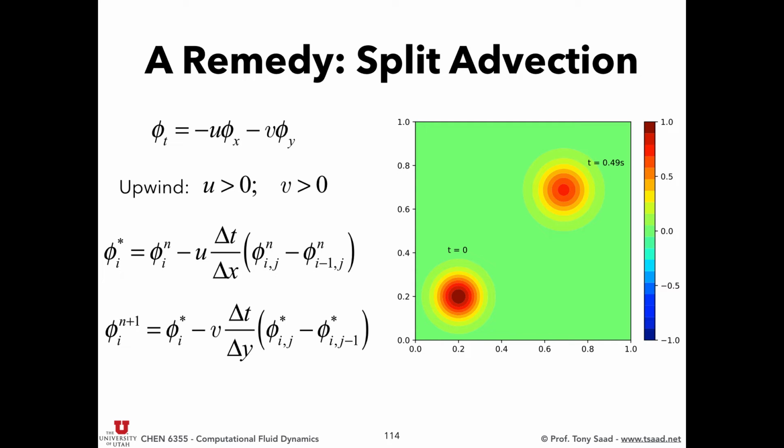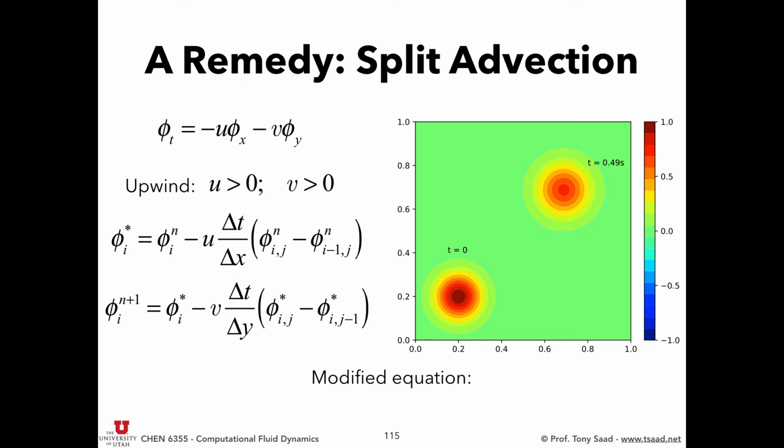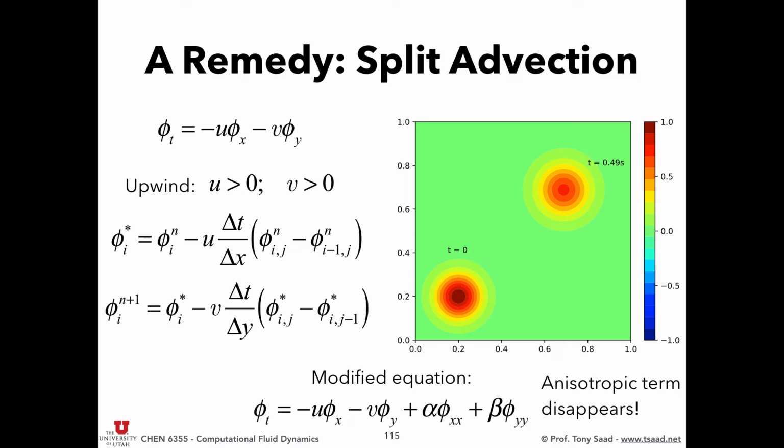When you do this, you've effectively artificially added a negative d phi dx dy term to cancel that anisotropic term. If you do the modified equation in this case, this is what you get. You've effectively eliminated the phi xy term. It's a pretty simple remedy.